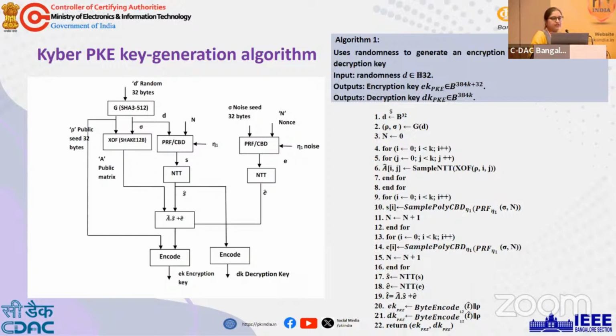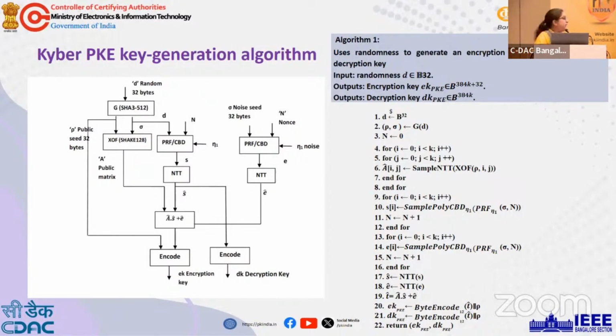So as we can see in this, we are generating a 32-byte random D, and a hash of D is done, that is G of D, which generates a public seed rho and sigma, which are each 32 bytes.